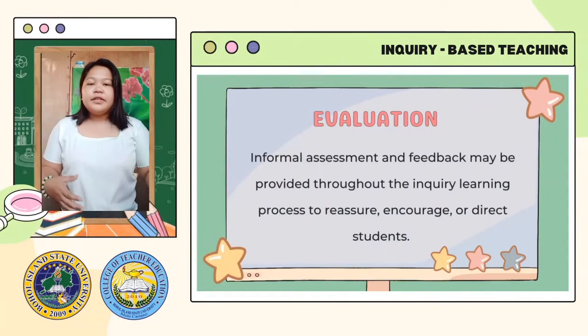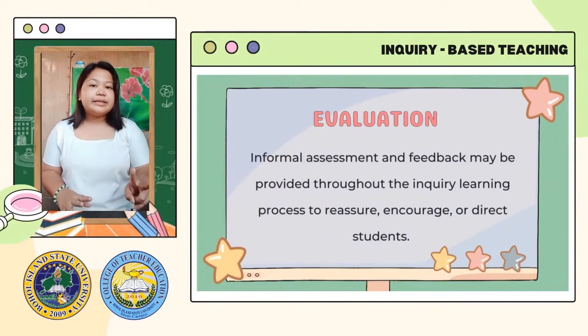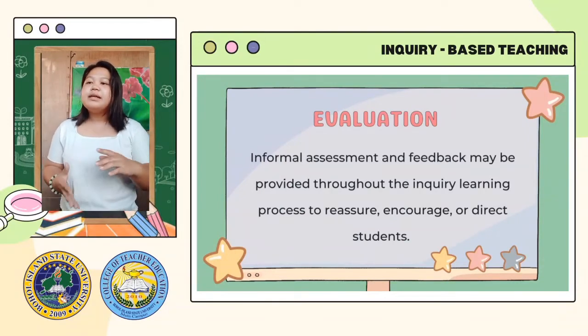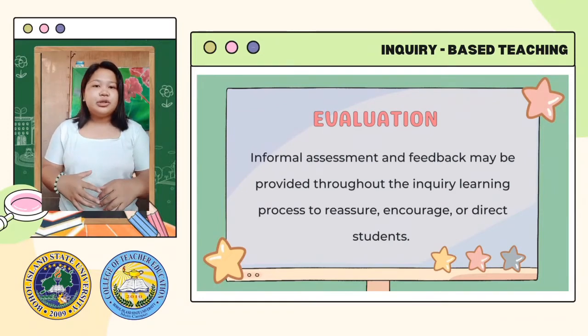So there are like 2 types of assessment and feedback, the informal and the formal. Informal assessment and feedback may be provided throughout the inquiry learning process to reassure, encourage, or direct students.